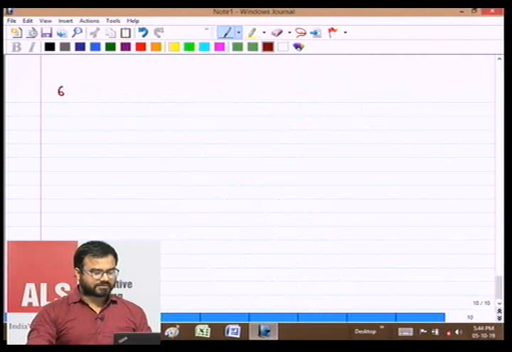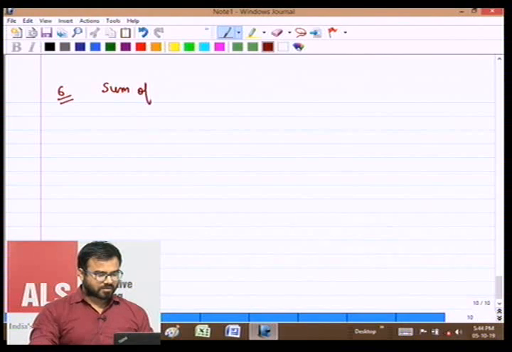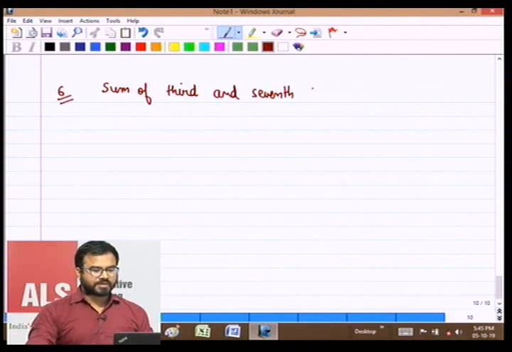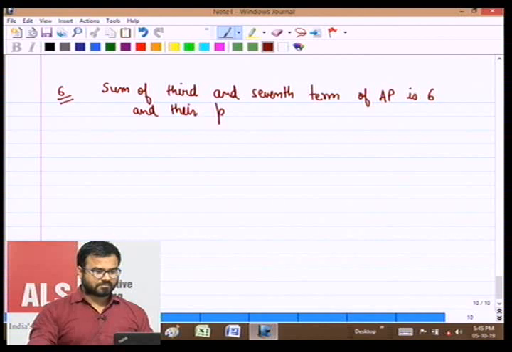Now try this very good question from the AP. Sum of the third and seventh term of AP is 6 and their product is 8.